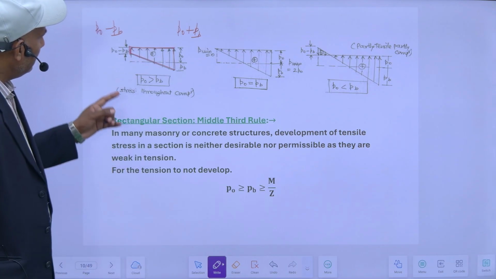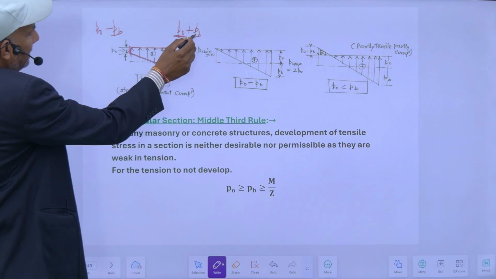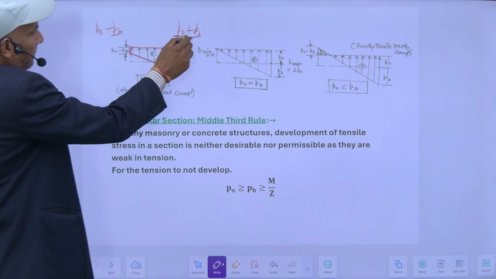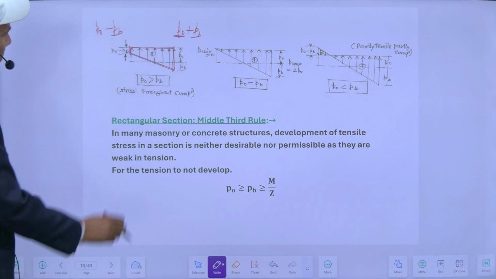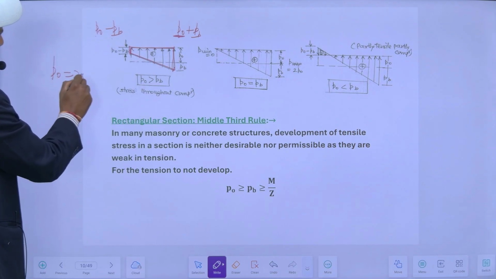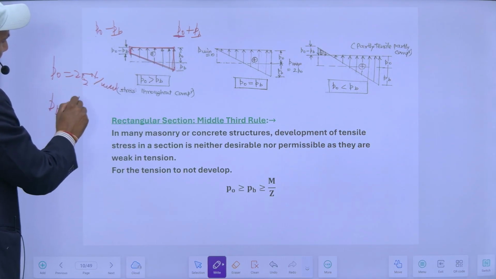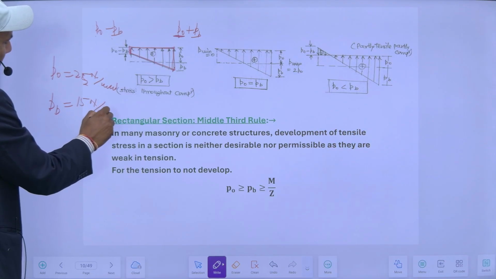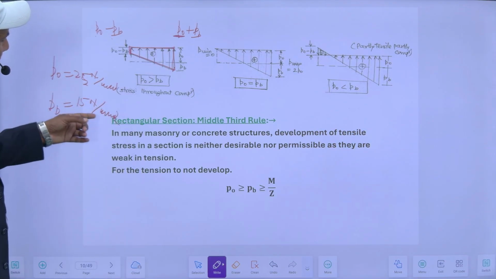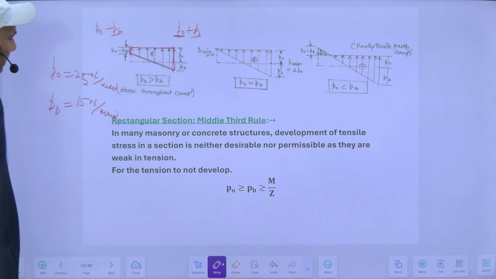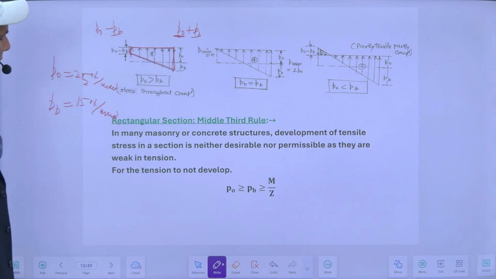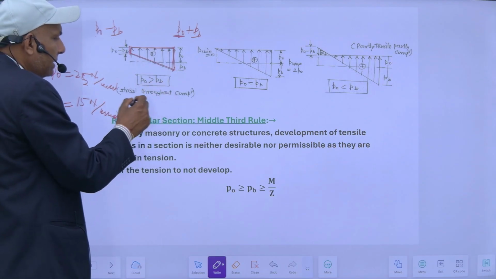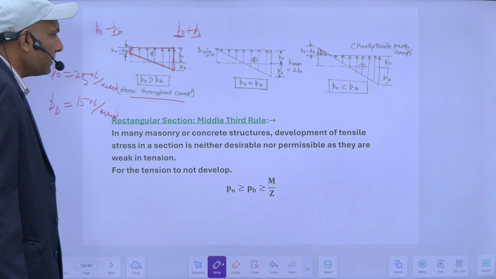When direct stress is greater than bending stress, it will be positive here and positive here also. Suppose direct stress is 25 Newton per mm square and bending stress is 15 Newton per mm square. It will be 25 plus 15, 40 here, and here 25 minus 15, 10 Newton per mm square. So when the direct stress is greater than bending stress, my stress diagram will be like this.